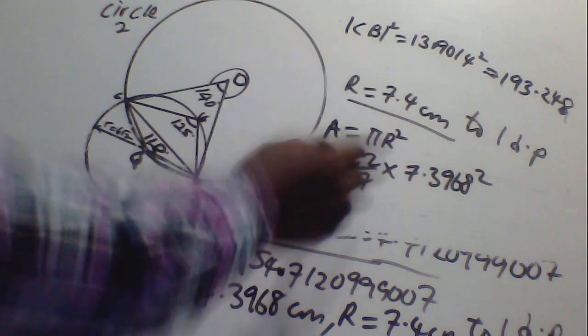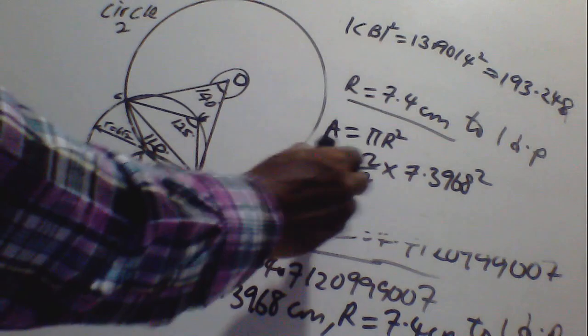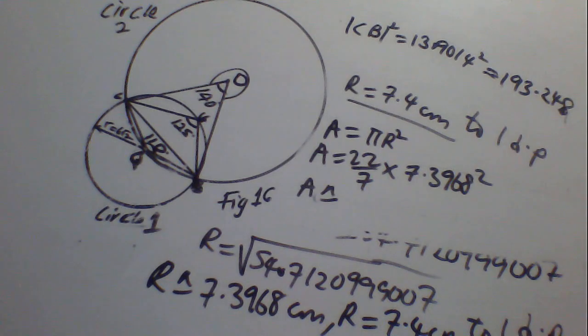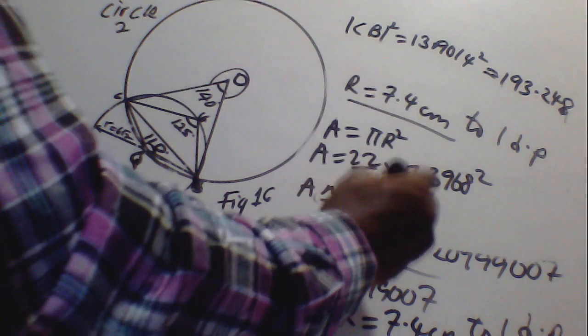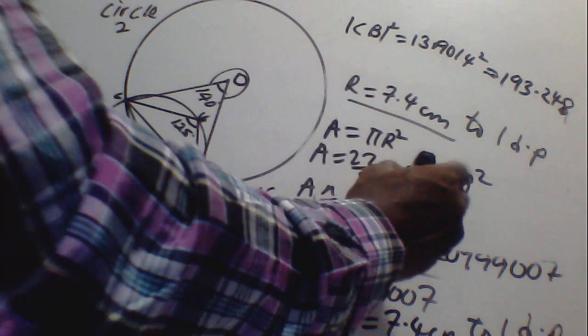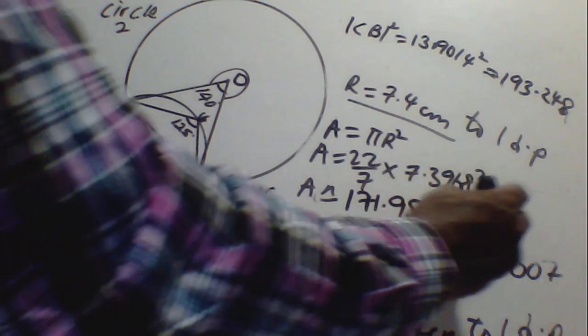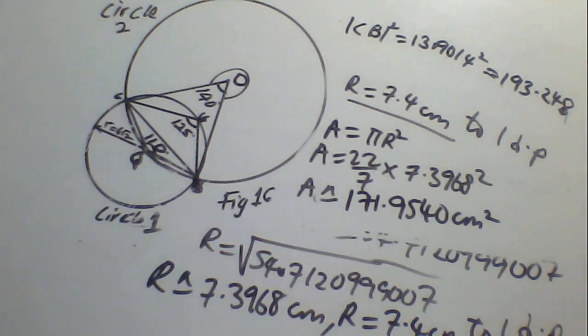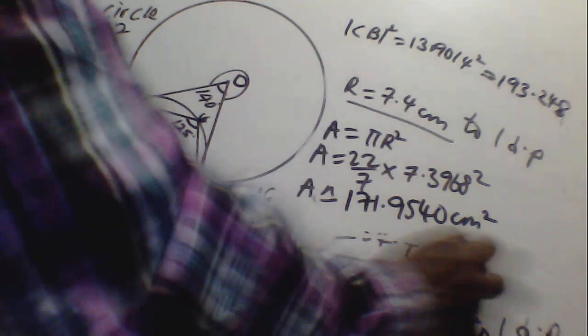A will be approximately equal to, use your calculator, 171.9540 cm squared.